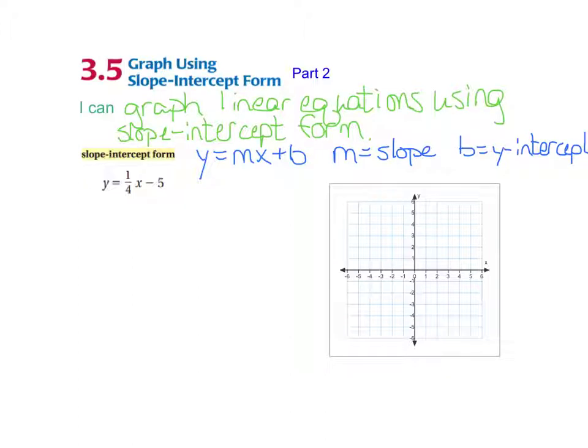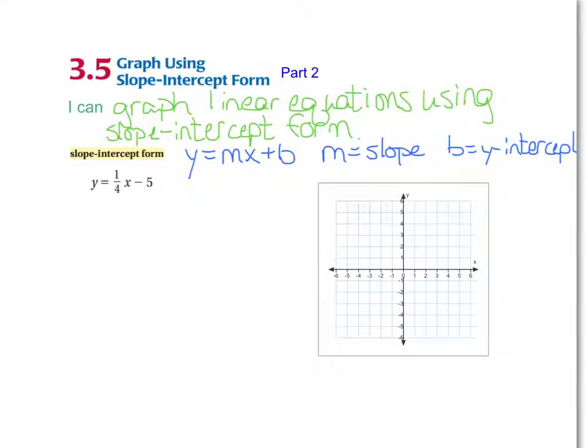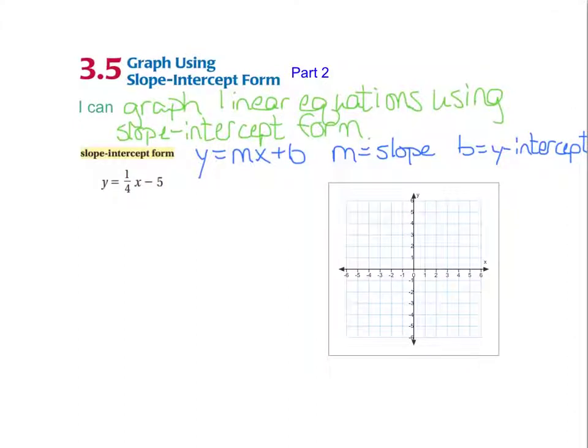That's where the line crosses the y-axis. Okay? So, those are the two pieces of information that slope-intercept form gives us. Now, they're going to give us equations today, and we're going to graph them using slope-intercept form.